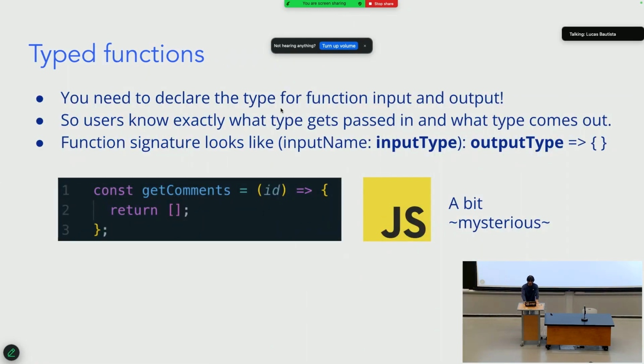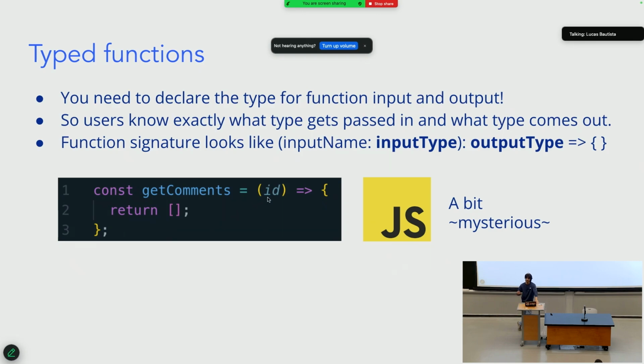And so let's get into how we can type functions. The only information that profiles a function is the input that it takes and the output that it returns. Whenever we create a function signature, it usually looks like this in JavaScript.